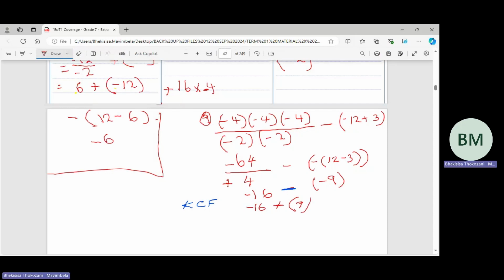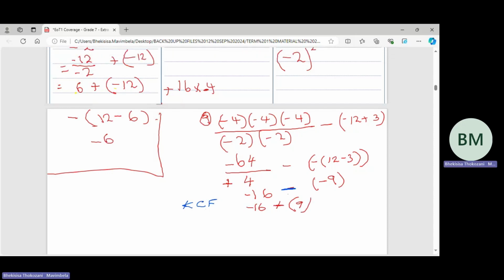Now what is noticeable here is that I have a new rule again, all right? Because of this plus, the signs are not the same again, negative plus 9. So I'm going to apply this rule here: look for the bigger number. In this case, 16 is the bigger number, and it has minus, so the minus will be outside. Now I have 16 minus 9.